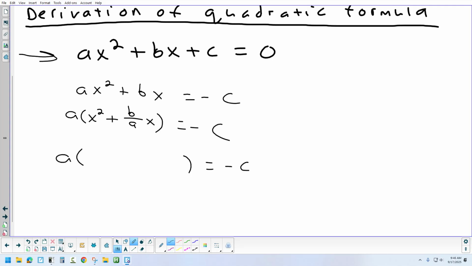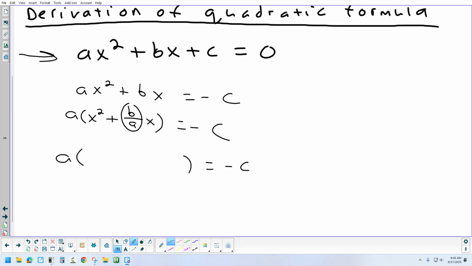So what do I do to the b over a to complete the square? That's the second step. What's the first step? You divide it by 2. Divided by 2. What's b over a divided by 2? I'm just going to do it off to the side.